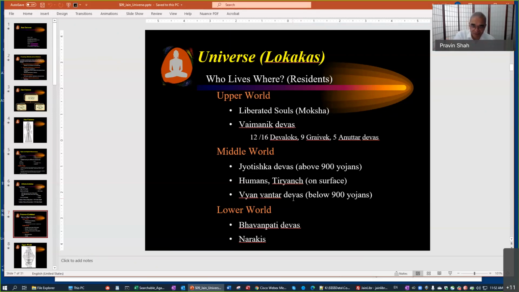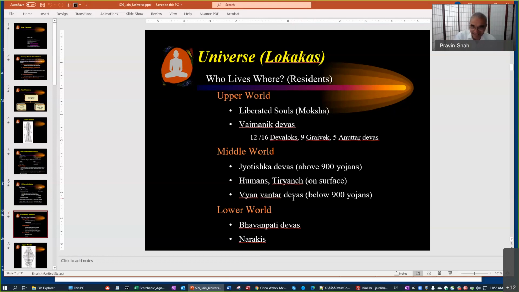That's why I think let's talk more about the middle world, and later on we will cover the Bhavanpati Dev. The Bhavanpati Dev is the lowest category of the Dev. Vyantar Dev is a little better than them spiritually.